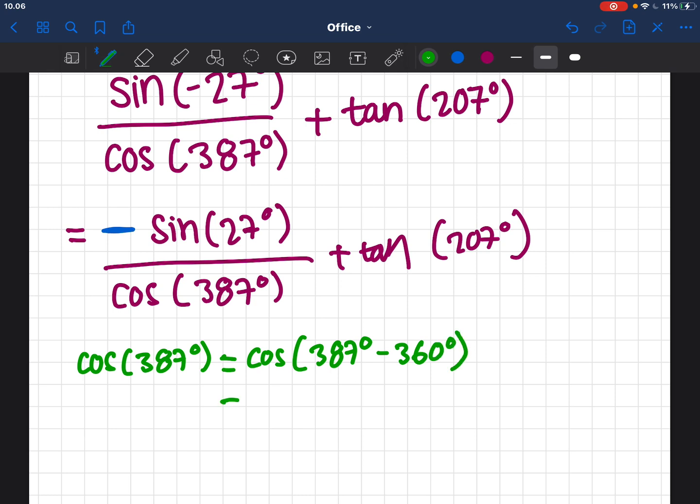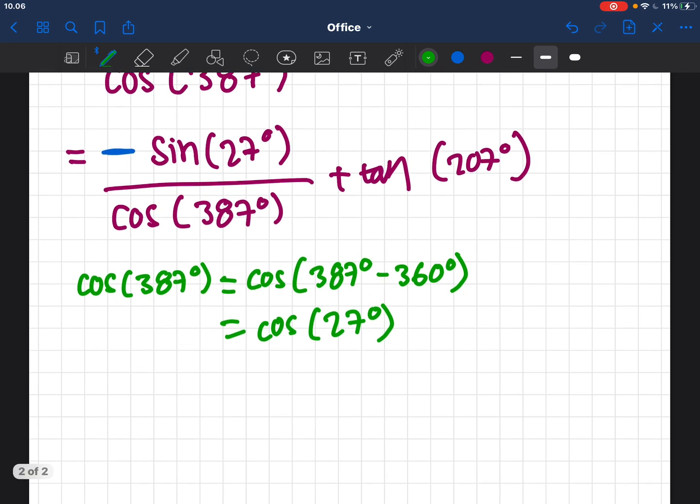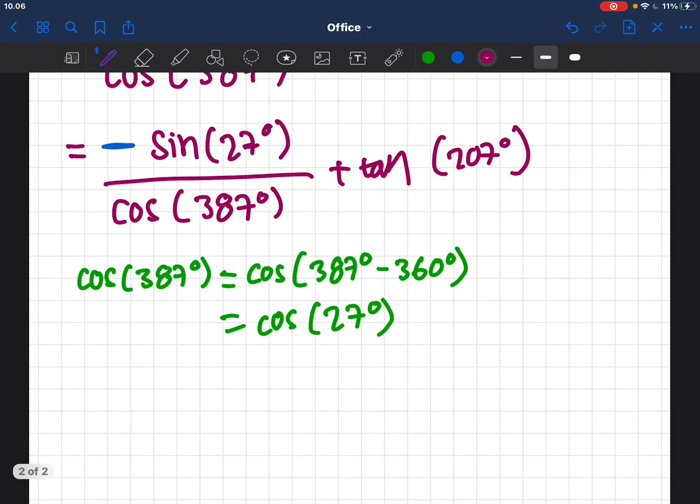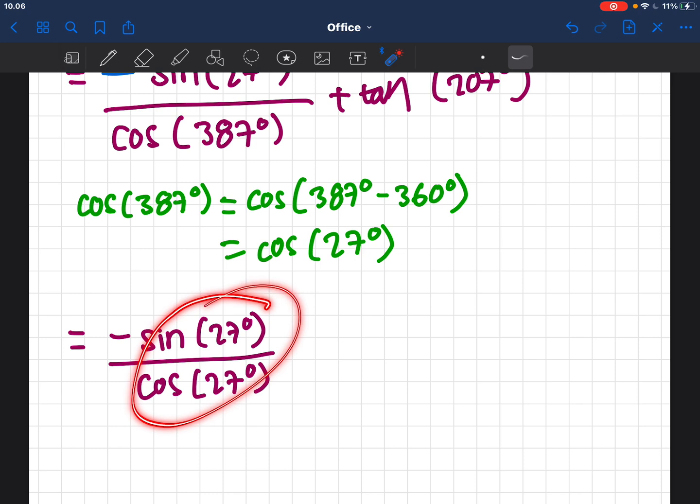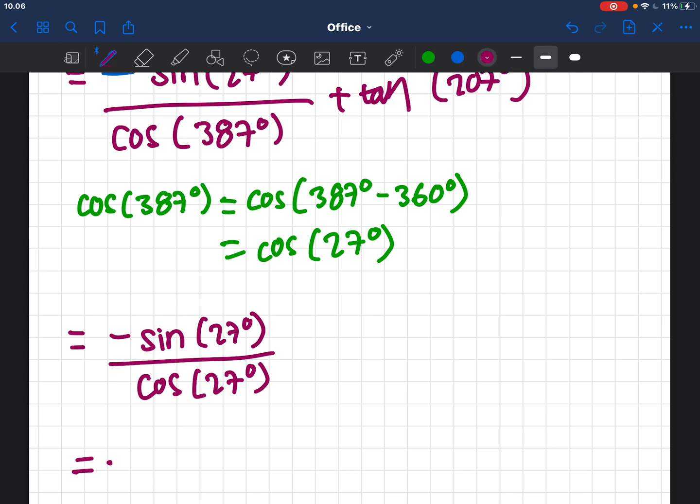So in other words, cosine of 387 degrees, we went the full circle, and it's actually cosine of 27 degrees. So it's the same thing, okay? Which is convenient for us. So that means this is negative sine 27 over cosine 27. And we know that this is going to be negative tangent 27 degrees, right? Which is fabulous.